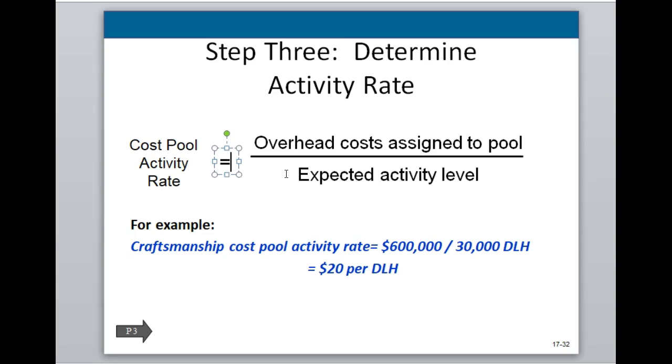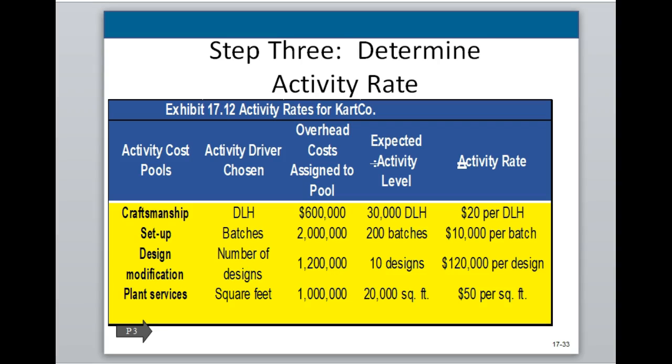And if you remember back for craftsmanship, we had $600,000 budgeted, and we thought we would use 30,000 direct labor hours. So it comes up to $20 per direct labor hour to be assigned to that product. And that's how you do each one of them. You would break that down for each one of them.